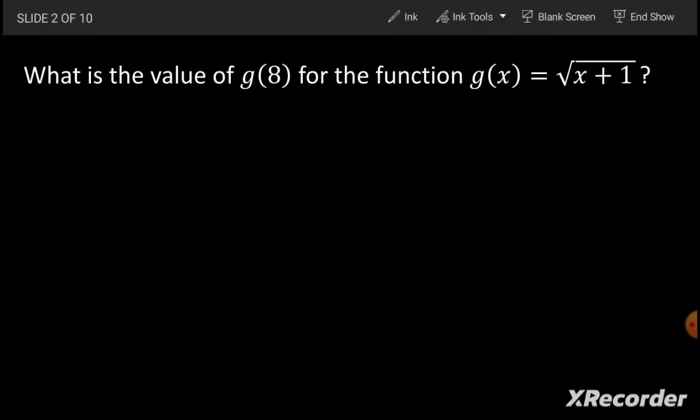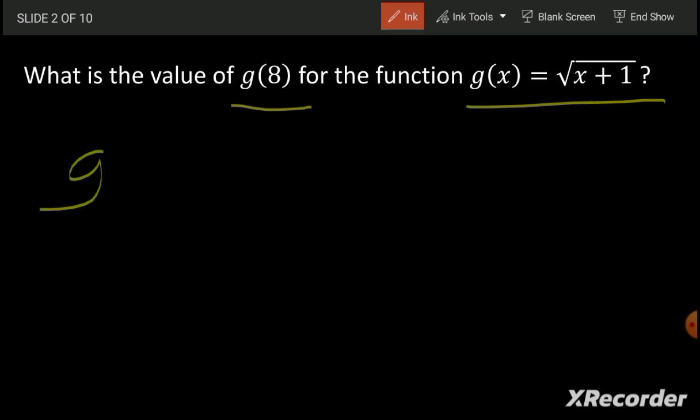Question number 2. What is the value of g of 8 for the function g of x equals square root of x plus 1? To get the value of g of 8, you just have to substitute x with 8 in this function.